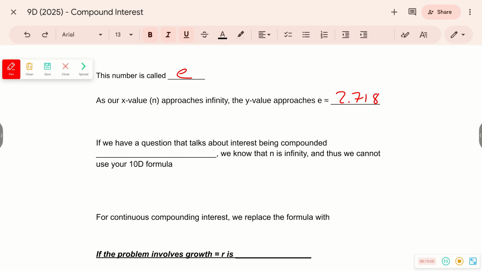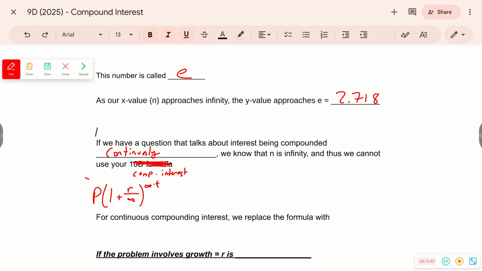So if interest is compounded continuously, we know our n is infinity, and we can't use our compound interest formula like that, because we can't do 1 plus r over infinity to the infinity times t power.